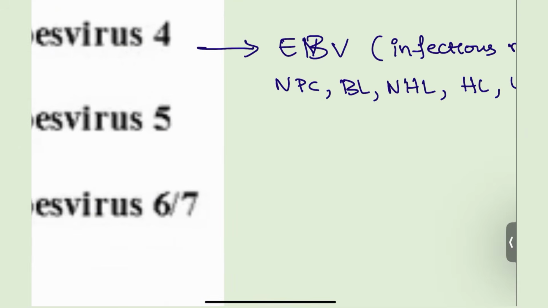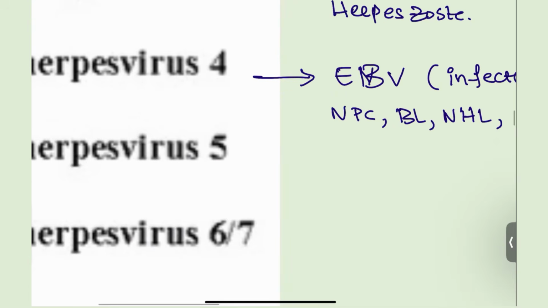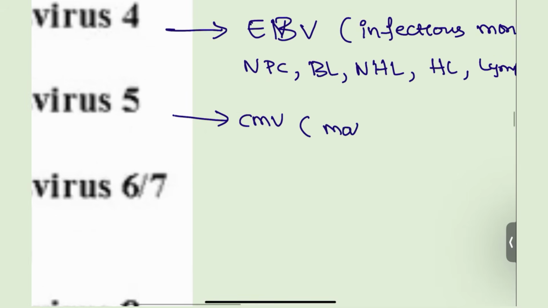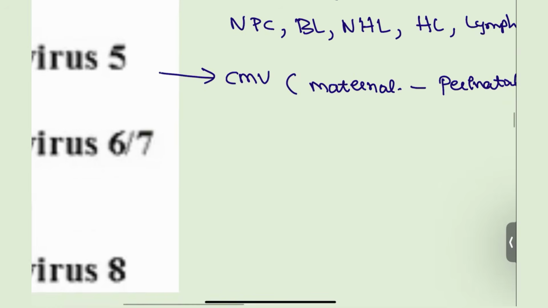Okay. Next, herpes virus 5. This is our CMV, right? Cytomegalovirus. This can be seen in maternal infections. Okay, deadly. It can cause perinatal transmission, and breastfeeding transmission is also seen with cytomegalovirus.